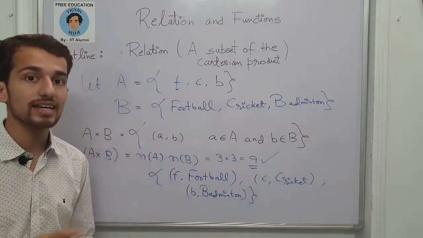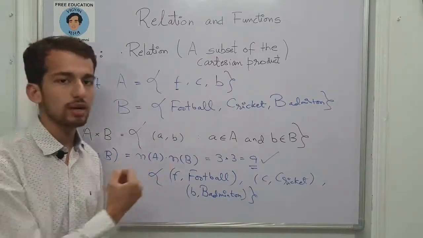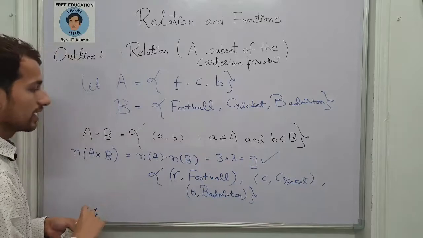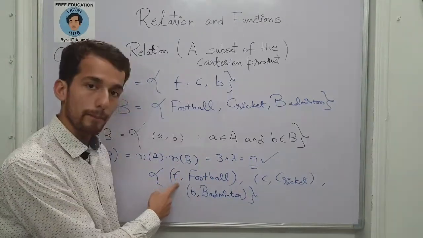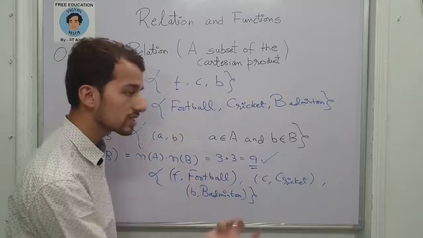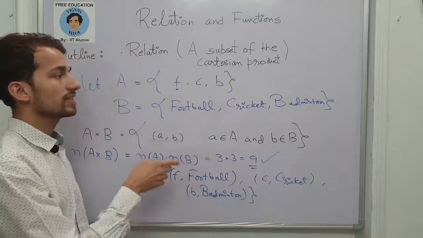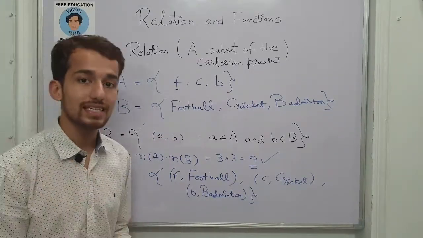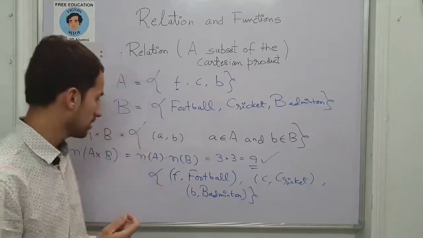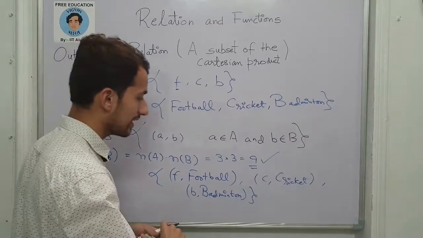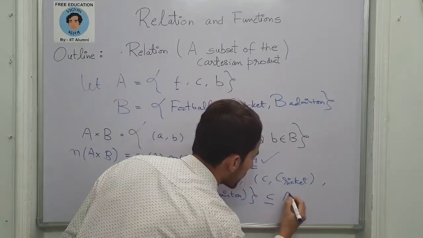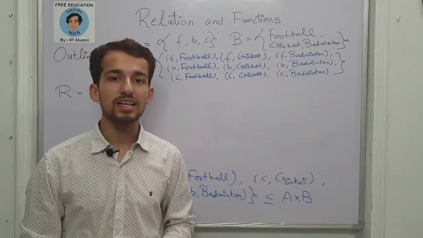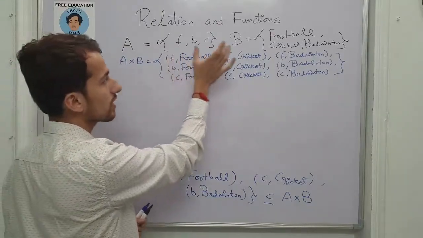In the Cartesian product there are 9 ordered pairs and we have taken just 3 out of them. The relation by which we have collected these is that the first element of this ordered pair is the first alphabet of the respective keyword in the set B. Now in the language of mathematics, I can write it more precisely, and one more observation you can make is that this set is again a subset of my A cross B. If you observe here, I have found the Cartesian product, the resulting set consisting of 9 ordered pairs.